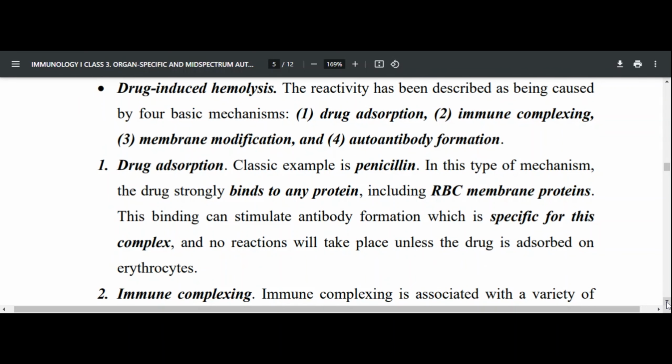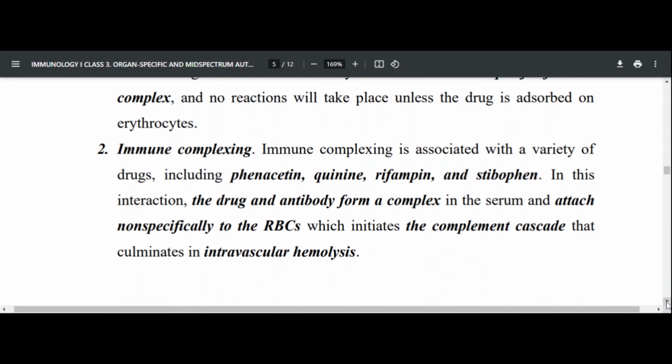The second mechanism is called drug immune complexing. Immune complexing happens with different kinds of drugs. You have to be cautious with these terms, because you remember sometimes ASCP questions in immunology. Immunology is not too wide, but they will still get questions from anywhere.